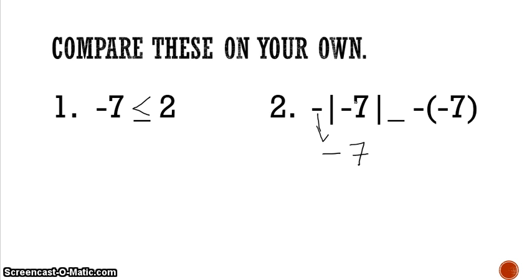The opposite of the absolute value of -7 is the opposite of 7. And here I have the opposite of -7. Don't get your absolute value and your parentheses confused. So the opposite of -7 is just +7. Now remember, a negative number is always automatically smaller than a positive number. So there we go.